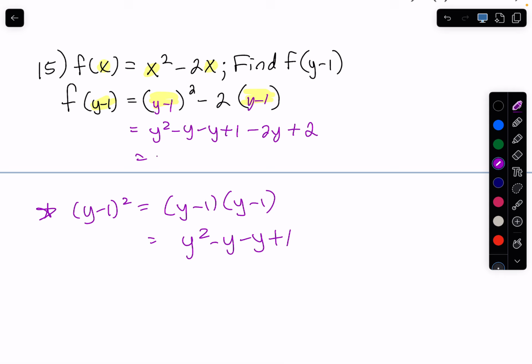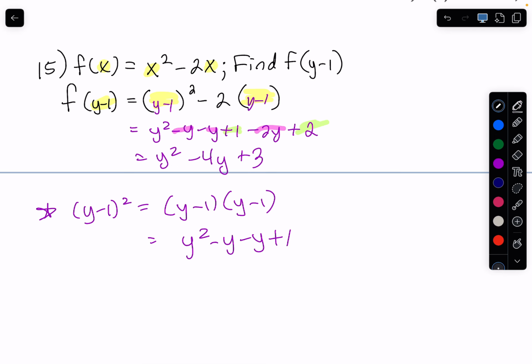The only y squared is y squared. That's our highest power. The next things we've got are a negative y and a negative 2y, which is a total of negative 4y. And then we do have one more set of like terms, the plus 1 and the plus 2, for a total of plus 3.